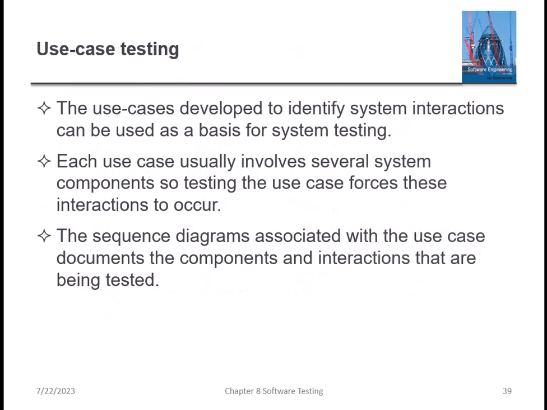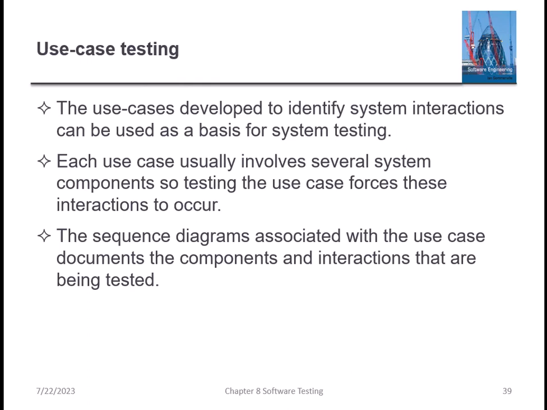Use case testing. The use cases developed to identify the system interactions can be used as a basis for system testing. When we draw the use cases, the purpose is to show how the user interacts with the system.